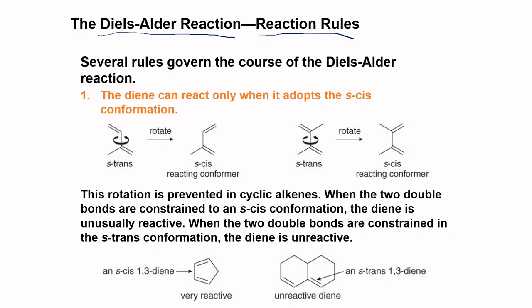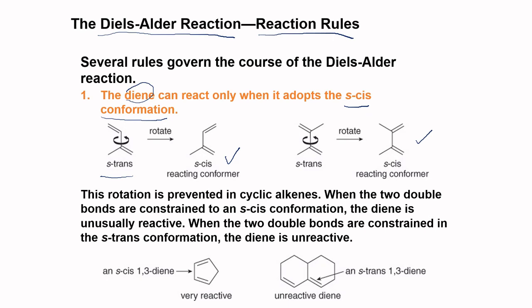The first one, the diene can only react when it adopts the S-cis conformation. Okay, this is S-trans. You rotate the molecule so that it will give you the S-cis conformer. Once it rotates, only then it can react.